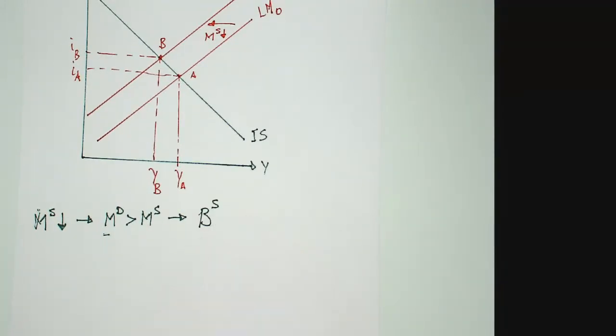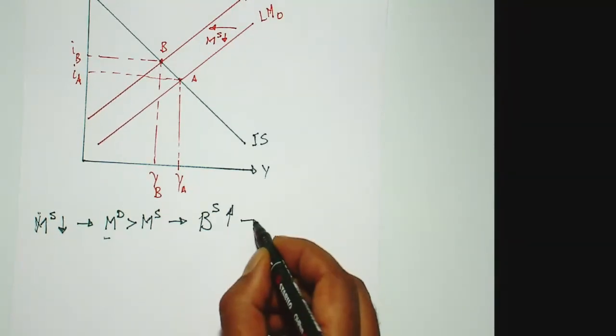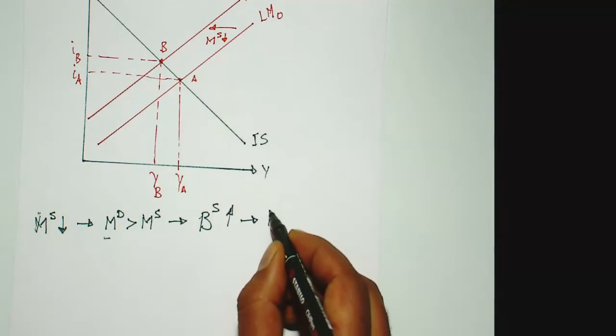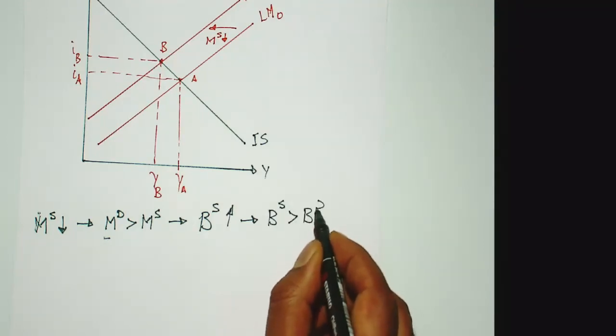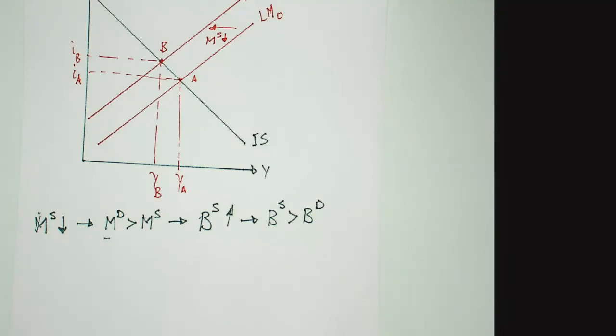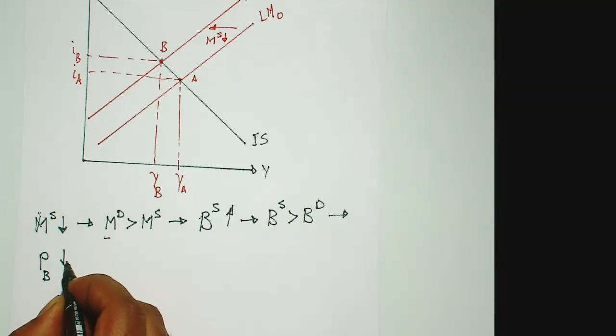This is again to say the supply of bonds would increase in this regard. If supply of bonds is increasing, supply of bonds is greater than the demand for bonds. In economics, high supply indicates that the price of that particular product would be low.